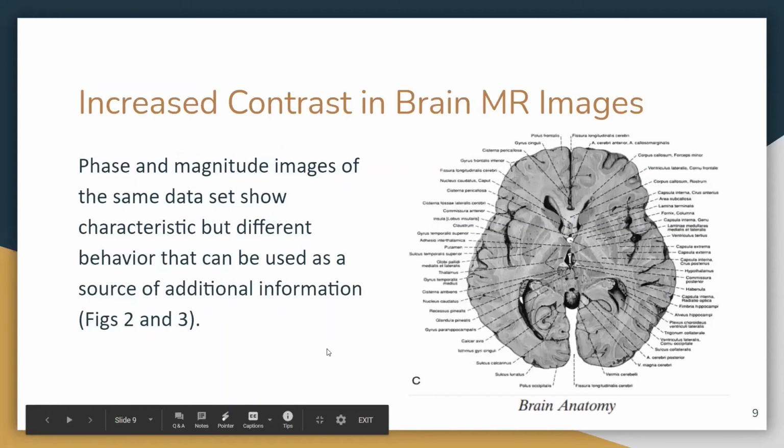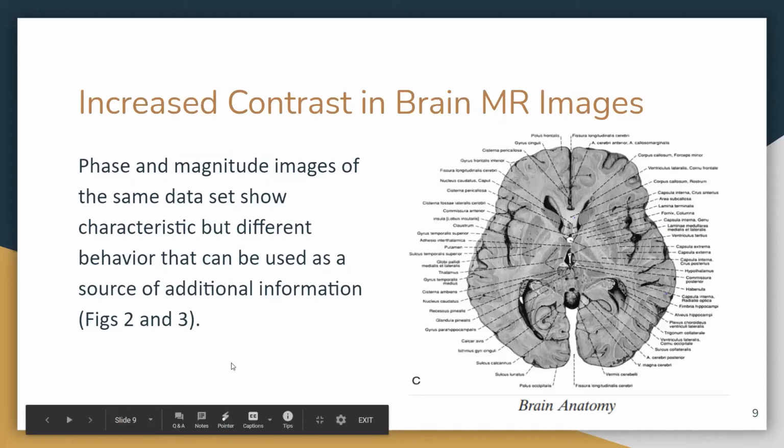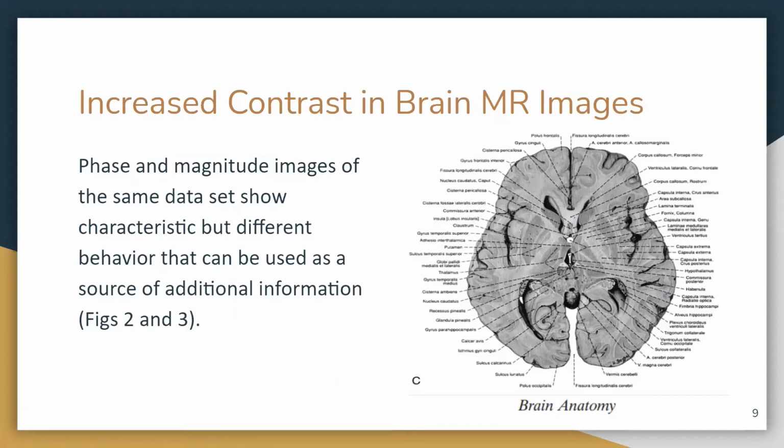So coming to the increased contrast in the brain MR images, the following figure shows the brain anatomy. So the phase and magnitude images of the same data set, which I'm going to show in the following slide, show different characteristics and behavior that can be used as a source of additional information.